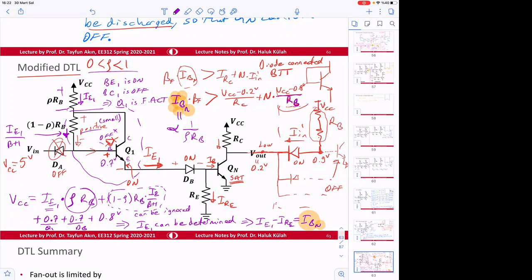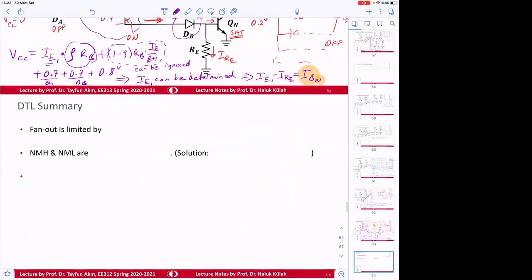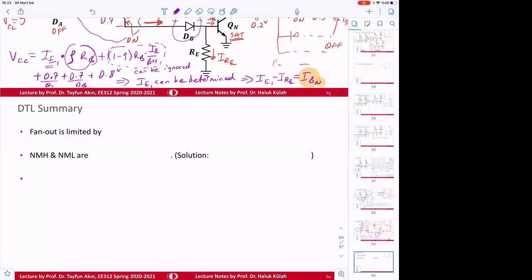And dB could be removed, but we added it in there so that we can shift the breakpoint to 1.4 volt instead of 1.7. Okay, so I hope this is clear.